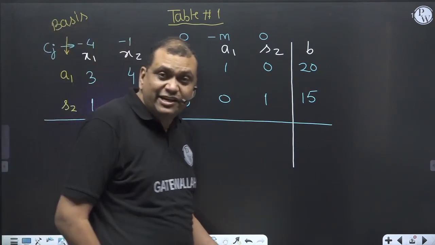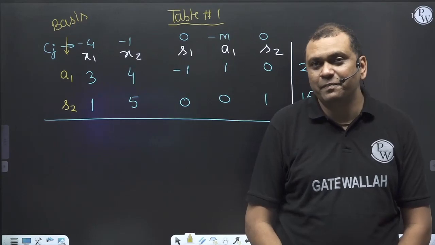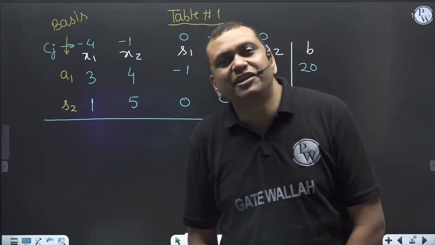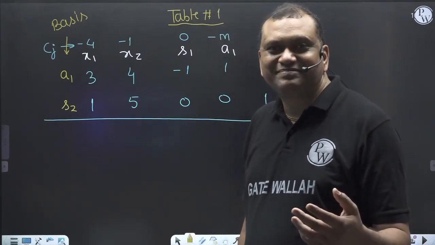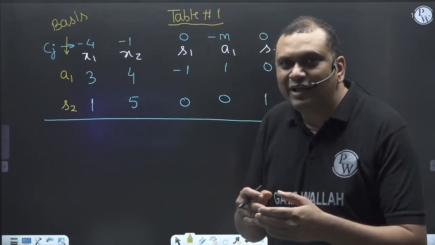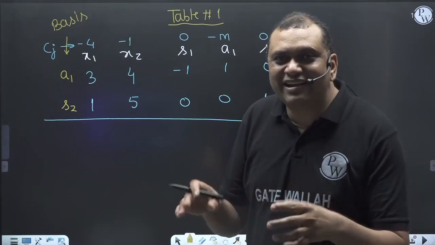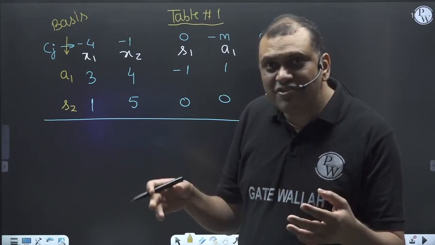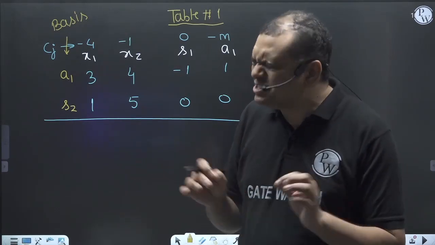In any constraint, if there is an artificial variable, that will first enter into the basis. You know why? We want to get rid of the artificial variable as soon as possible.